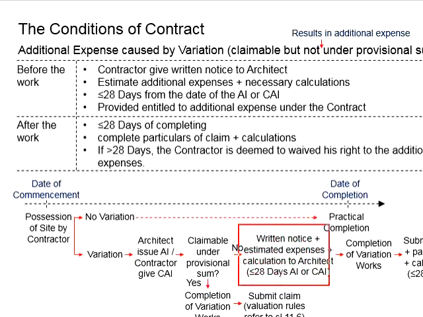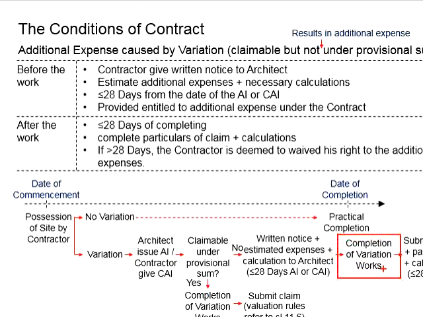This will have to be done in a formal manner, written in documents and properly compiled within 28 days of the instructions from the architect. This should be notified to the employer, allowing the employer to prepare additional funds for the work.